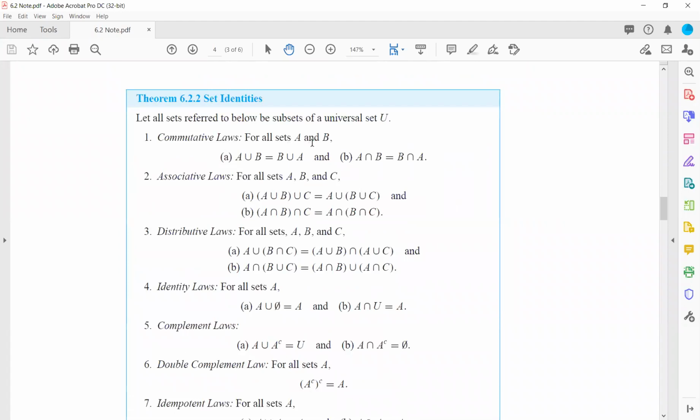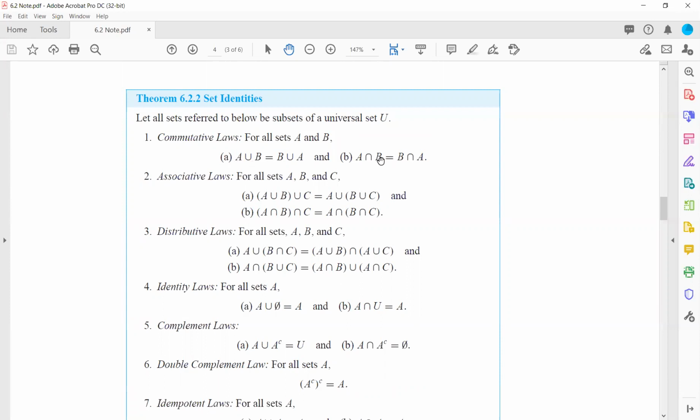For all sets like A and B, A union B is the same as B union A. It means that you can just switch them. Like P or Q is the same as Q or P.